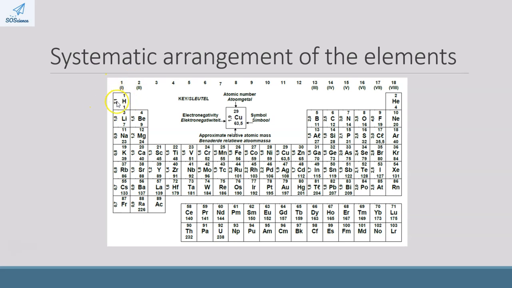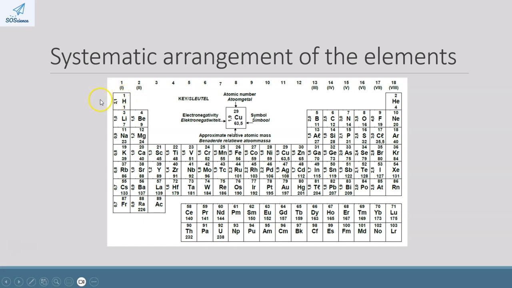Hydrogen has 1 proton and it has 1 electron if it is a neutral hydrogen atom, and helium is a noble gas, so it is always neutral. It has 2 protons and 2 electrons. So hydrogen's and helium's outermost electrons both exist in the first energy level, which is n equals 1.